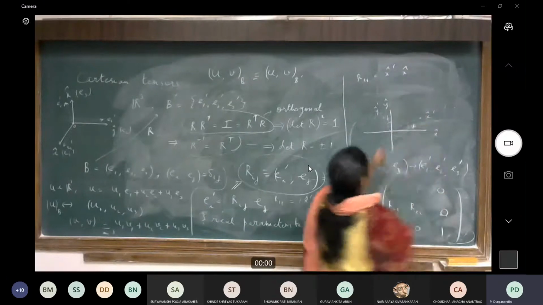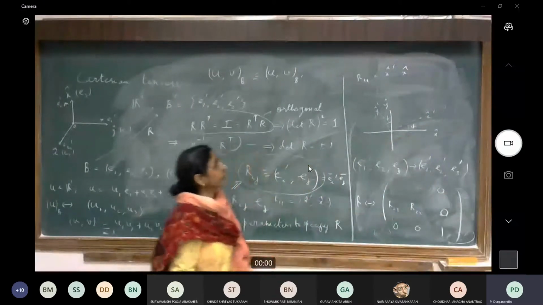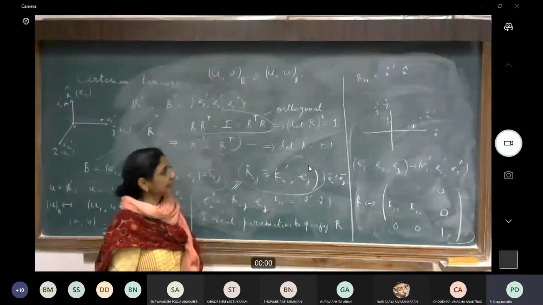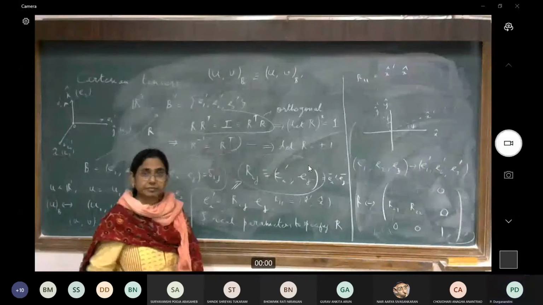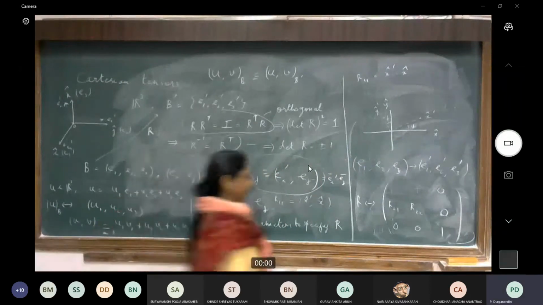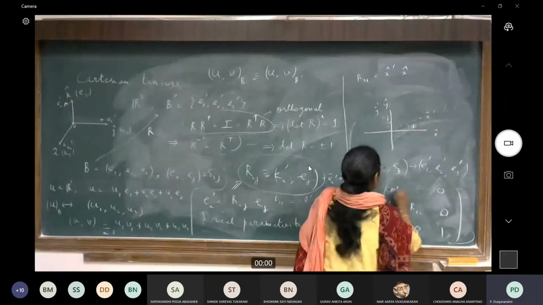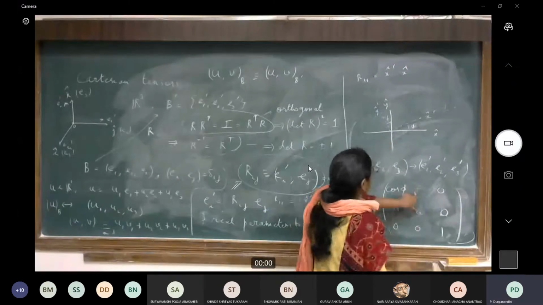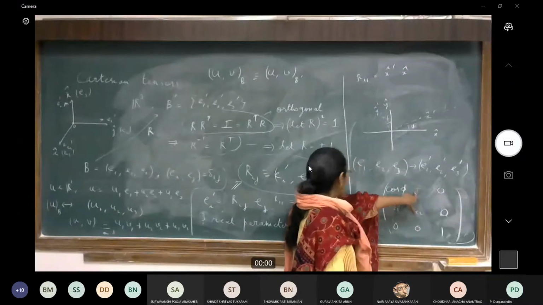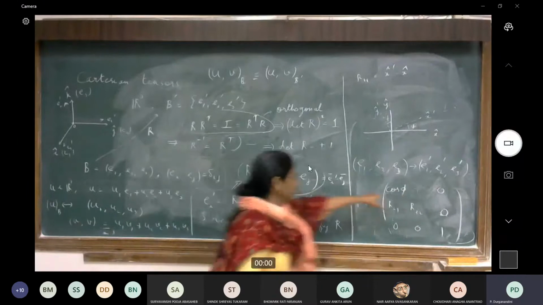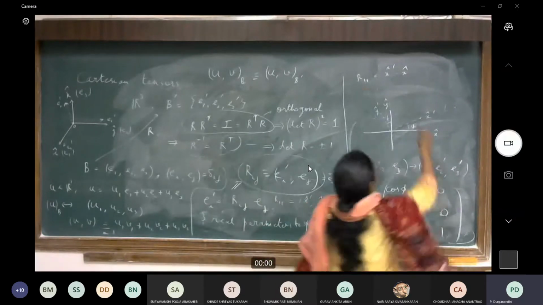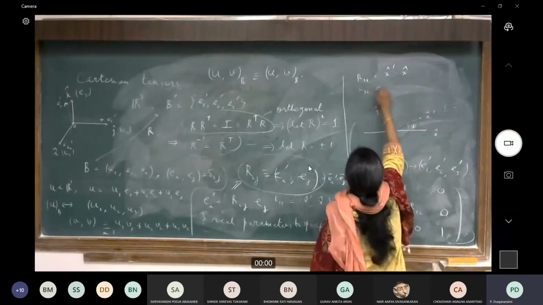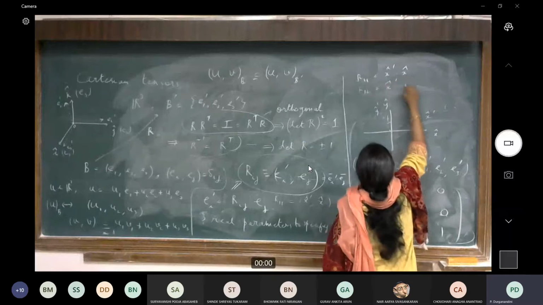And given this picture, what is X cap prime dot X cap? It should simply be cos phi. And what will this be? That is R12, so R12 should be equal to X cap prime dot Y cap.